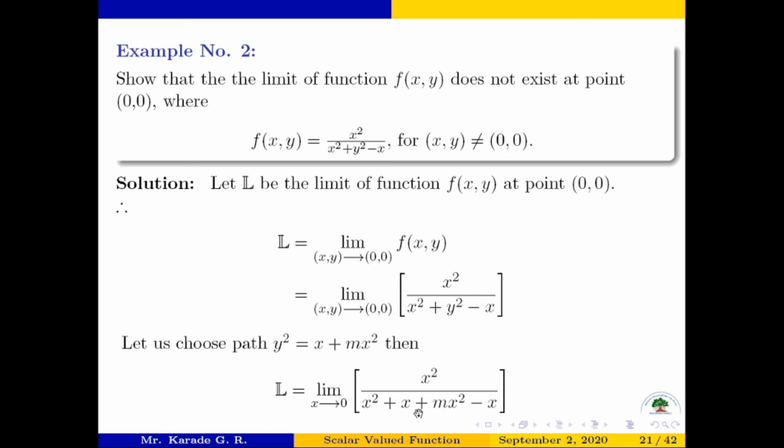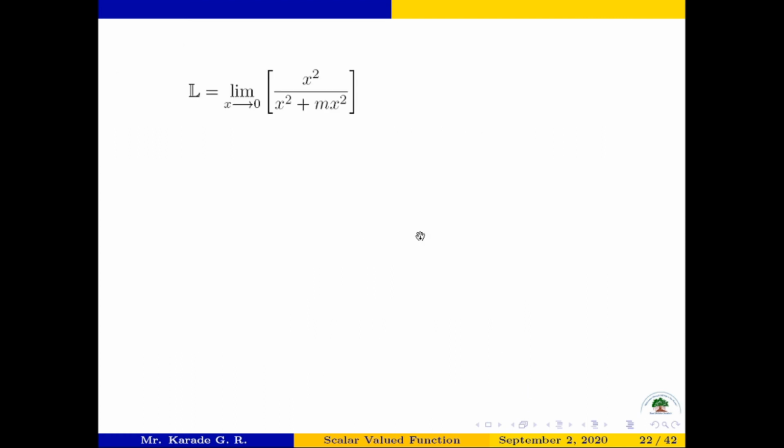So plus x and minus x will get cancelled, and what is left on the next line is L equal to limit x tends to 0 of x square divided by x square plus mx square. Again take x square common from the denominator.